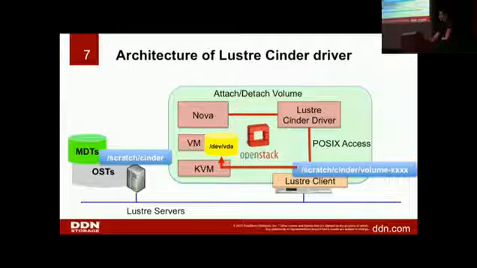So from the Lustre standpoint, we are providing a sparse file as the VM image for KVM. You can see one file is created for each VM as a Lustre boot image.